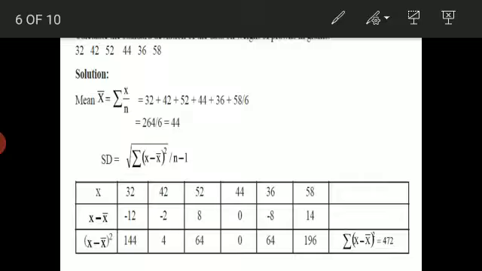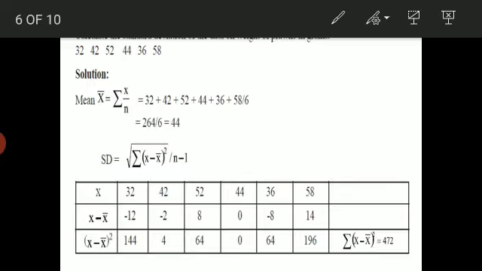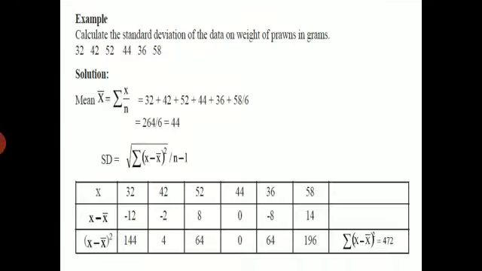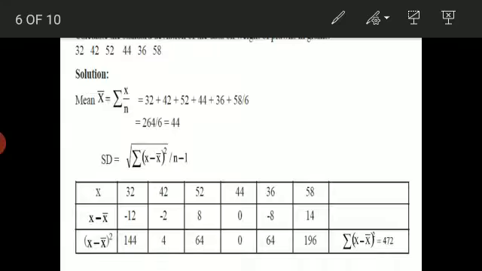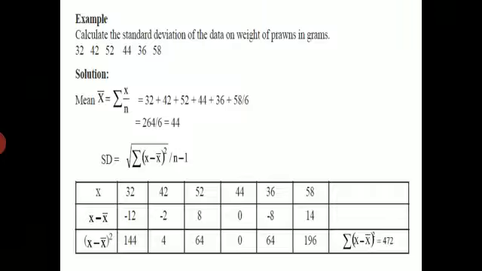Summation of (x minus x bar) square, if you add these squares, comes to 144 plus 4 plus 64 plus 0 plus 64 plus 196, which is 472. So here you can get an idea about how to calculate the standard deviation, and then from that standard deviation you can easily calculate the variance of that data.